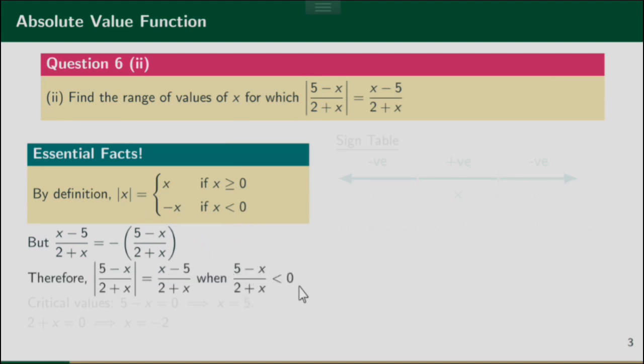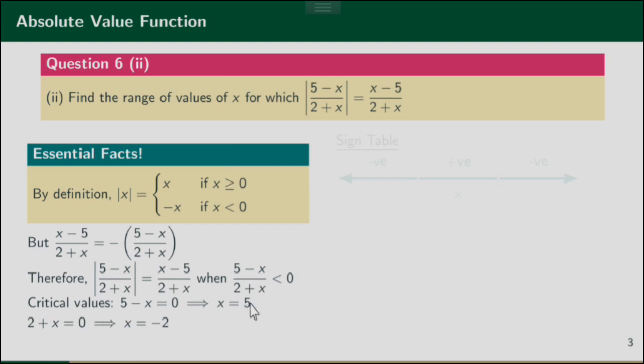And to solve this inequality, we need to start by finding our critical values. Critical values are the values for which 5 minus x and 2 plus x will give you 0. So 5 minus x is equal to 0 means x is equal to 5. And 2 plus x equals 0 means x equals negative 2.